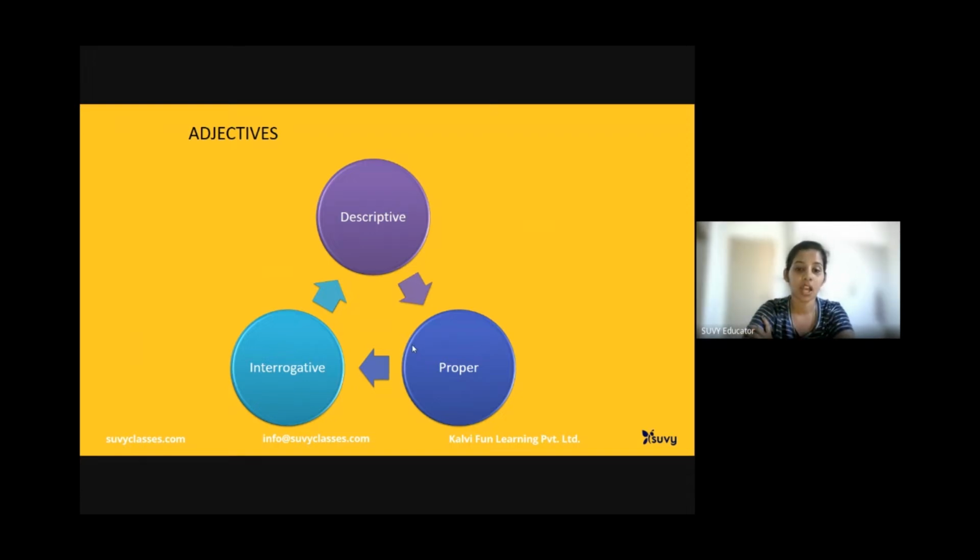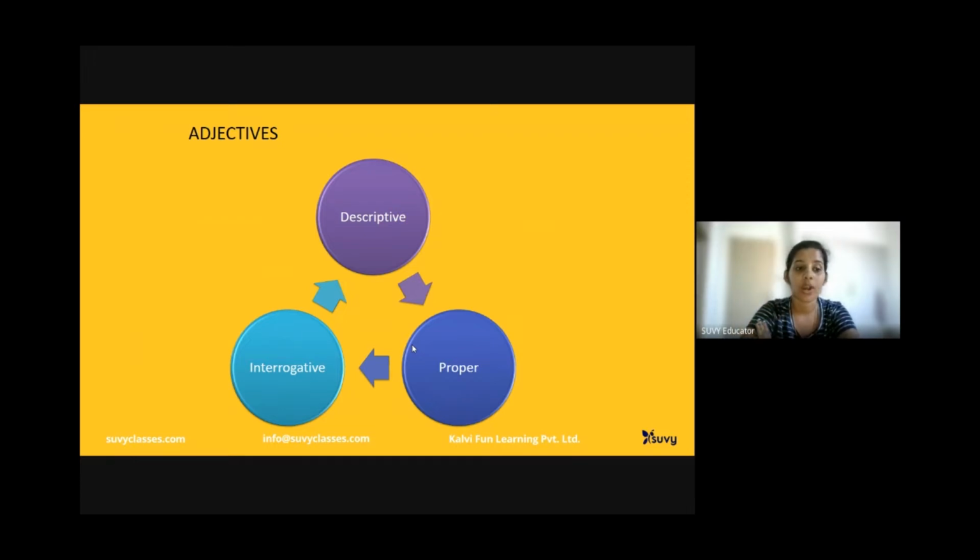Yes? So, today we are not going to do only the general idea, we are going to go into its types. There are three types of adjectives. But before I jump into that, I want you to understand what adjectives are.